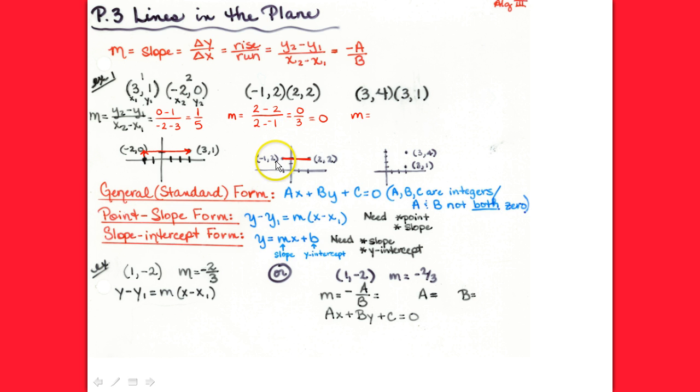So if I start at this point and I rise up and down 0 and I run forward a positive 3, yeah, I'm going to be at that other point. So that makes sense. And I could keep going with that same idea, rise 0, run 3. That's going to give me a horizontal line, right? So anytime you have a horizontal line, it's always going to have a slope of 0.